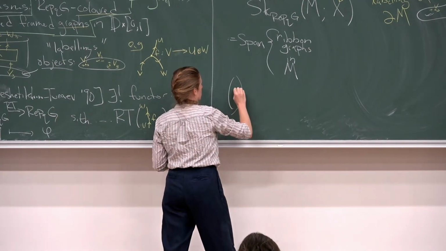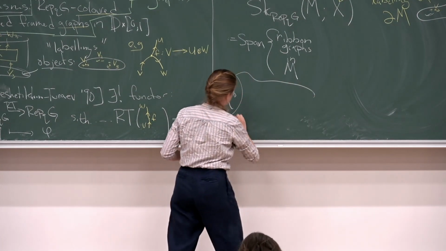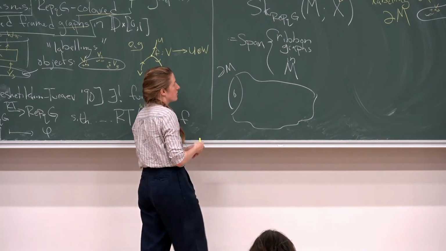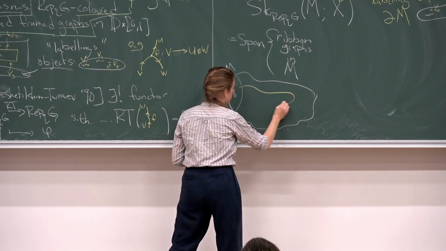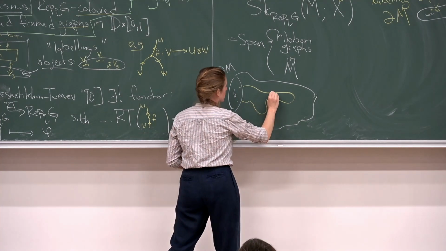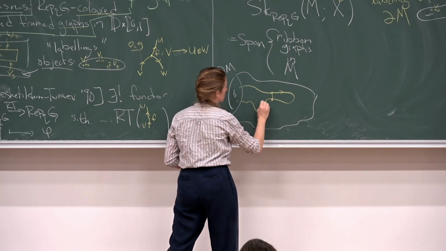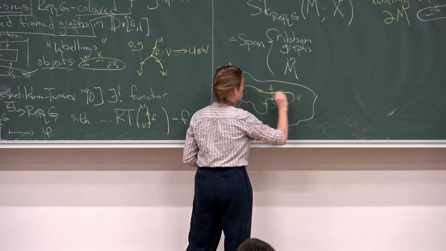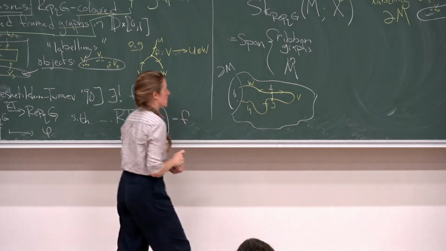So I'll draw a picture. I have the boundary of M. A ribbon graph is going to be some framed oriented graph that lives in here. It can have vertices. Everything is oriented, everything is framed. I have labels all over the place, like this.